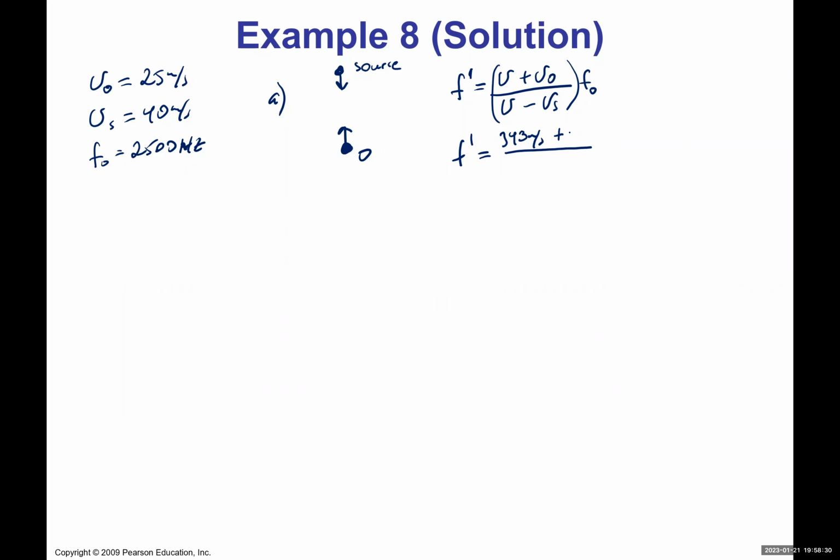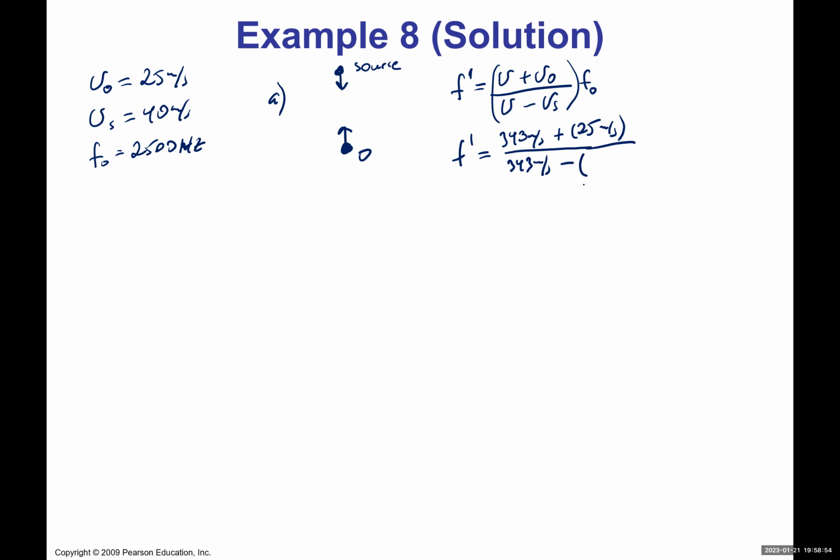Remember, if they're approaching toward one another, then their velocities are positive. So 25 meters per second for the observer, and then 343 meters per second, and then the negative.